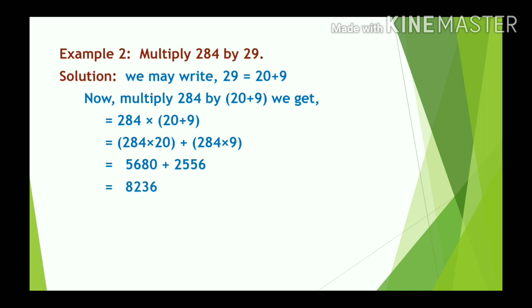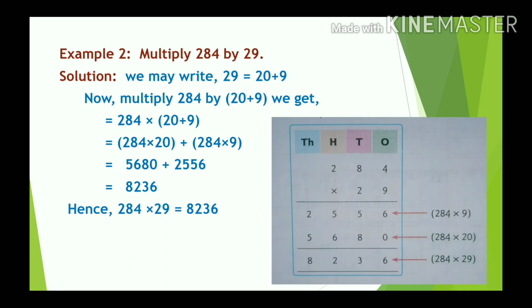So we get 8236. Thus we can say 284 multiplied by 29 is equal to 8236. You can see in column wise also, which is short form.